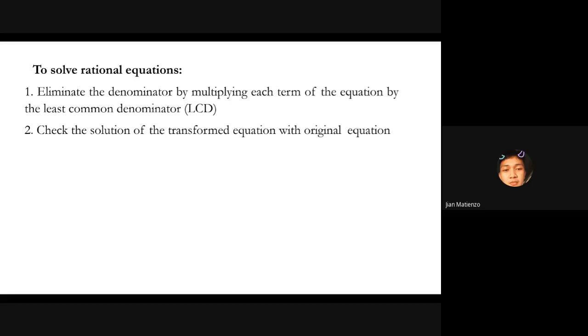In the event that the value of the variable does not satisfy the given equation, and upon checking there are no mistakes in your solution, then we are going to call that value of the variable the extraneous solution. Meaning we have the value of the variable, but it does not satisfy the given rational equation.